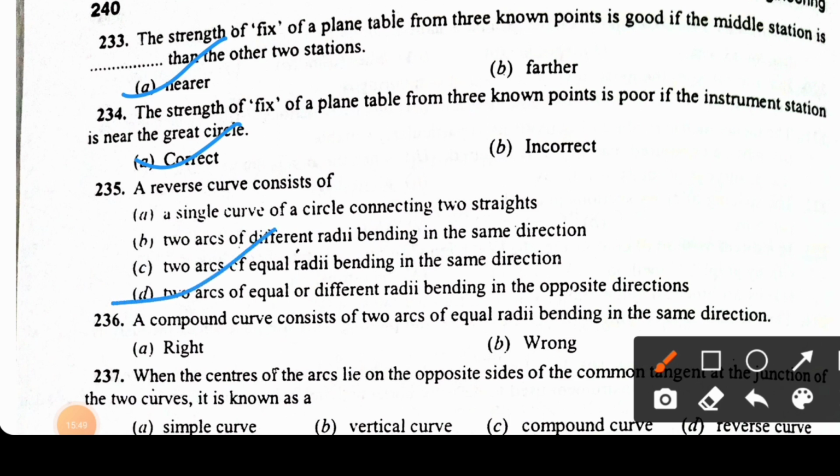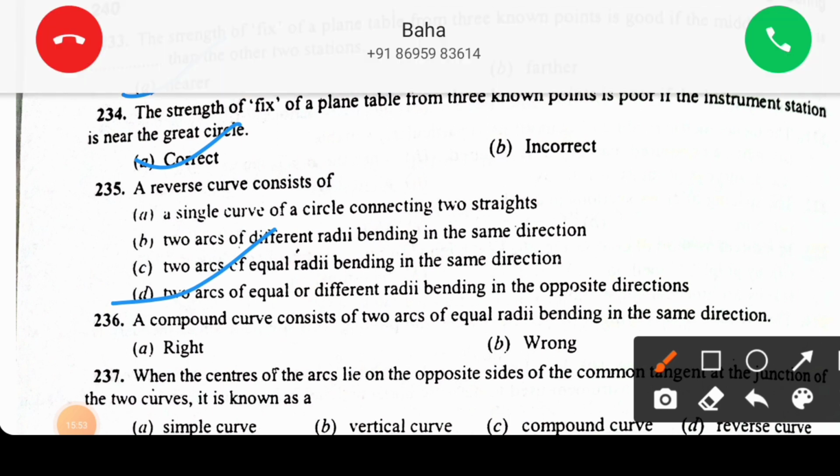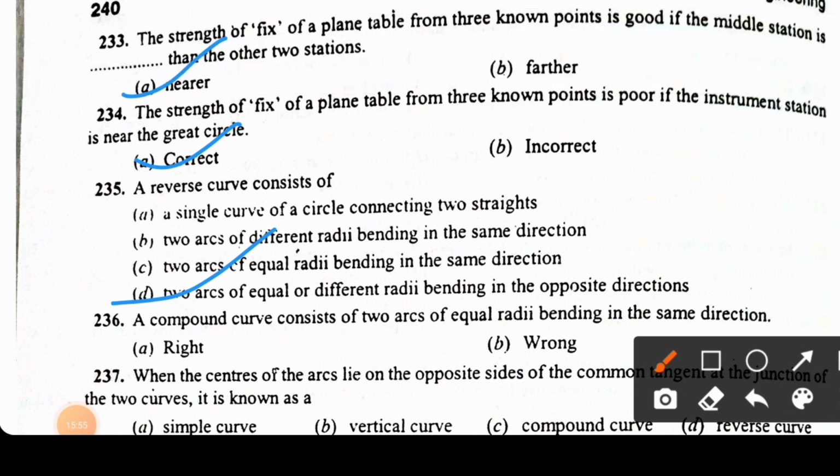A compound curve consists of two arcs of equal radius bending in the same direction. It is wrong.